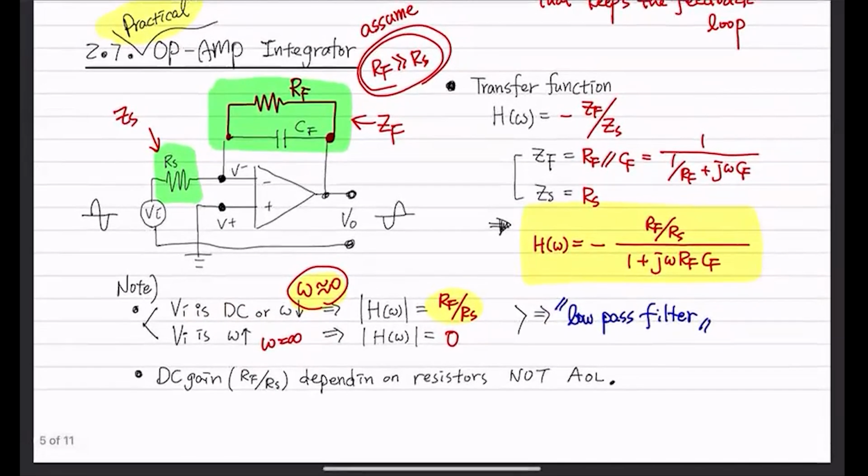And in the low frequency, it's not going to be infinite anymore, not AOL, but you have a specific value, and that is called DC gain. And this RF over RS, that is going to be your low frequency value.